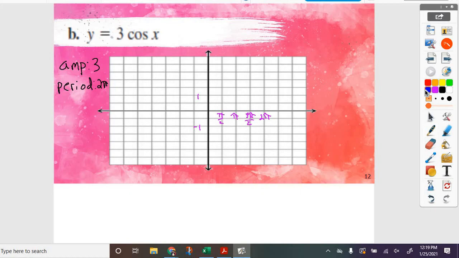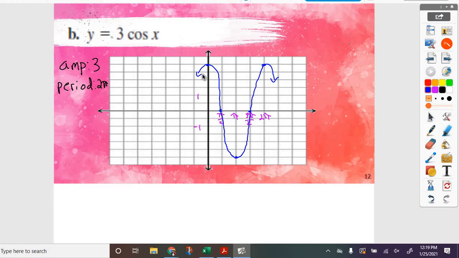But notice that we will have stretched the graph quite a lot. It makes it look like that. The amplitude's pretty straightforward. We're okay with the amplitude.